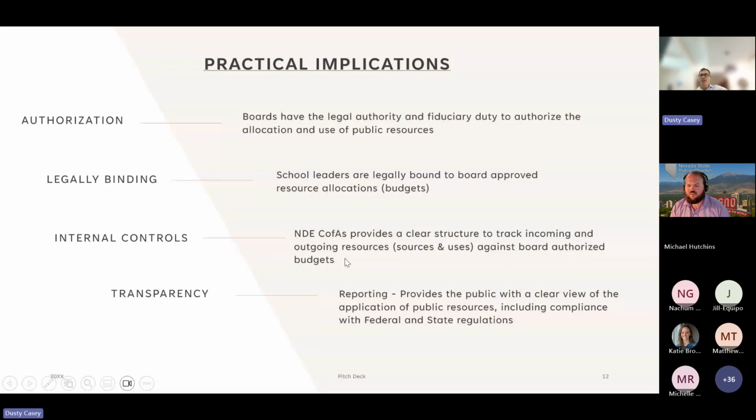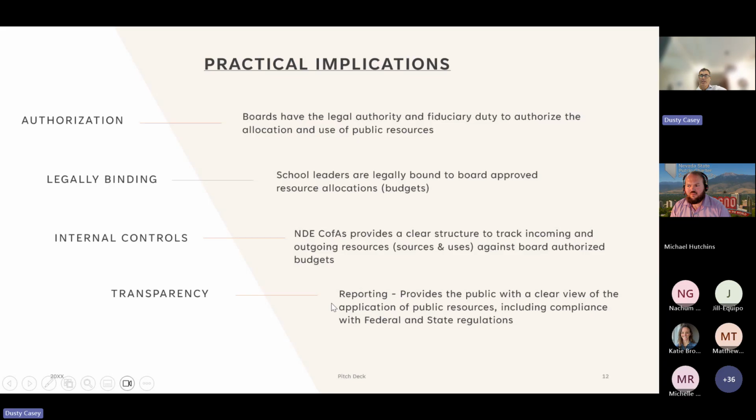Internal controls. The NDE chart of accounts is there for you to put internal controls on the budgeted resource and the allocation of those resources by your school leaders. It's there for you to track and measure against that board approved budget. And then lastly, transparency. It's really designed for transparency, not only with boards, but the public, right?